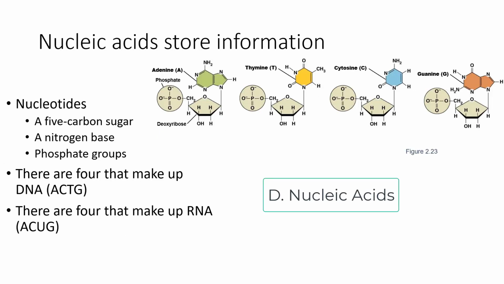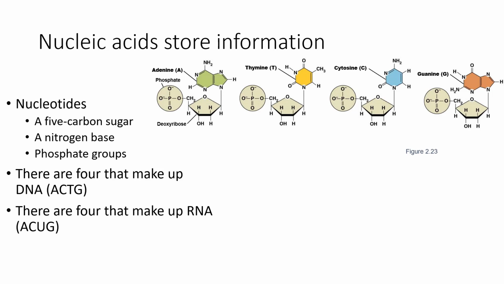Nucleic acids are used to store information or transmit information, as well as some role in energy. So nucleic acids are made of nucleotides, which are made of a 5-carbon sugar, a nitrogen base, and phosphate groups. So the types of elements present in nucleic acids are C, carbon, H, hydrogen, O, oxygen, N, nitrogen, and P, phosphorus.